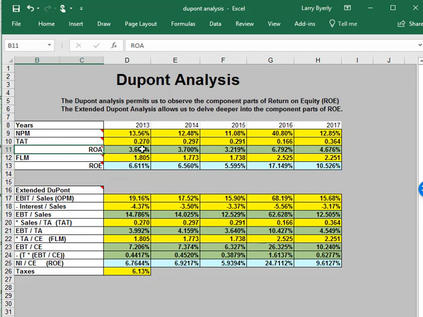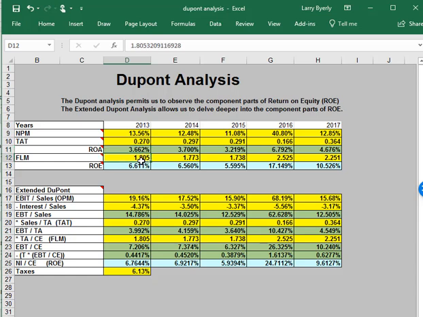The return on equity is the product of net profit margin and total asset turnover. So if we look at this company in 2013, their net profit margin was 13.56. Total asset turnover was 0.27. When you multiply those together, the return on assets was 3.662. So that's the rate of return that they earned on average on the assets of the company.